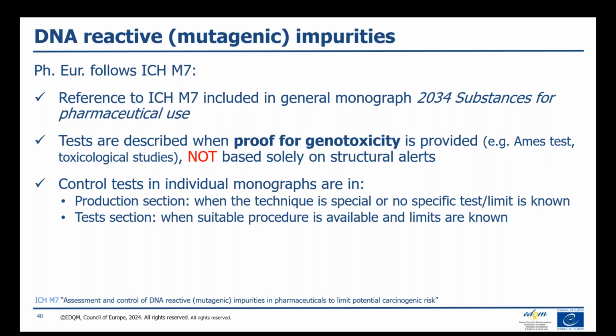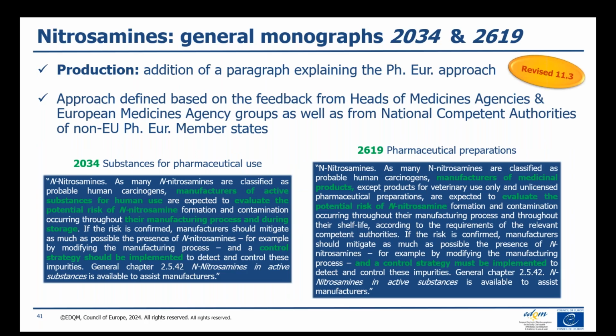The nitrosamines are a specific case of genotoxic impurities. We have worked on this type of impurities for several years now, and so we have revised several texts to follow the different recommendations.